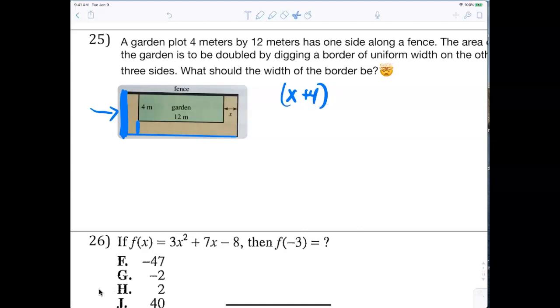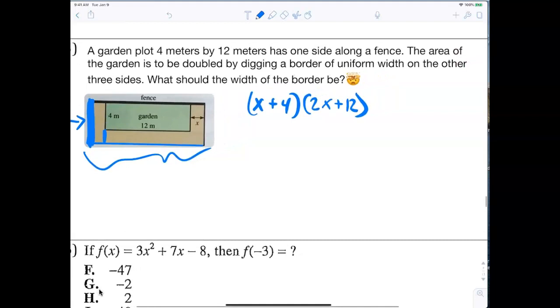All right. Now the next thing I'm going to do is I'm going to ask you, what is this length right here? 2x plus 12. For those of you guys who are thinking. And what's the area of the new garden?